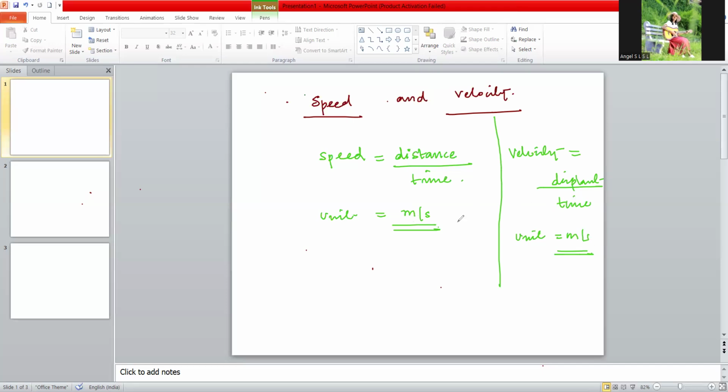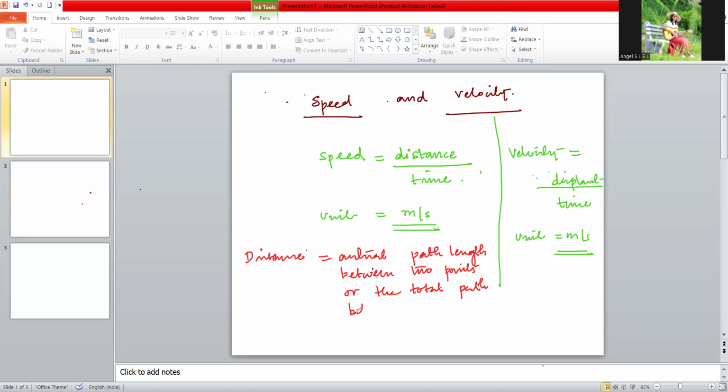Okay, and now we have to see what you mean by distance and displacement, right? Distance is nothing but the actual path length between 2 points, or the total path between 2 points.